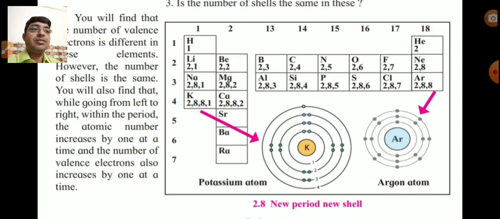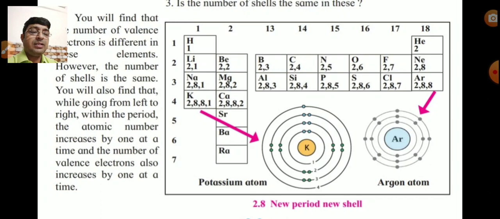When 8 electrons are filled in the outermost shell, the next electron is filled in the next shell according to the rule of octet. When we are filling the electrons in shells, according to that octet rule, electrons are filled that way. The next element after neon is sodium. Atomic number of sodium is 11.